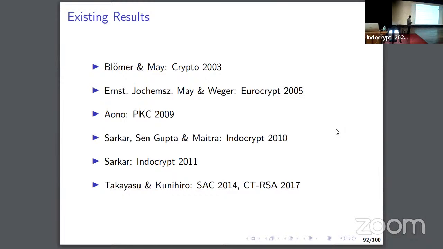We also did something in Indocrypt 2010 and 2011. Also, Takayasu and Kunihiro in SAC and CT-RSA. Okay, so people studied partial key exposure attacks on RSA, and it is getting improved and improved.